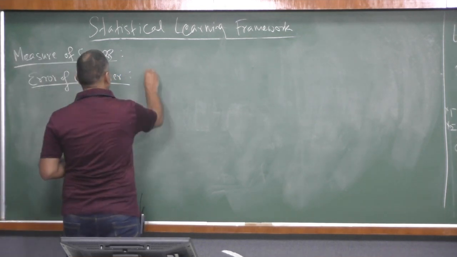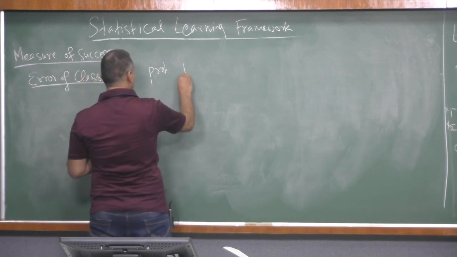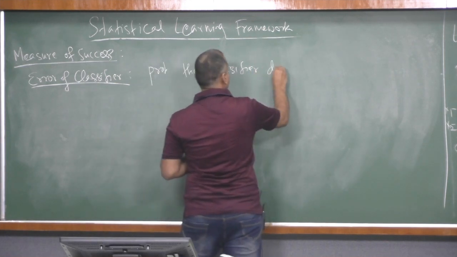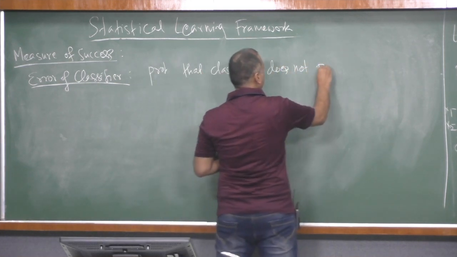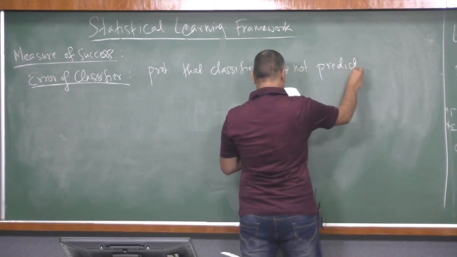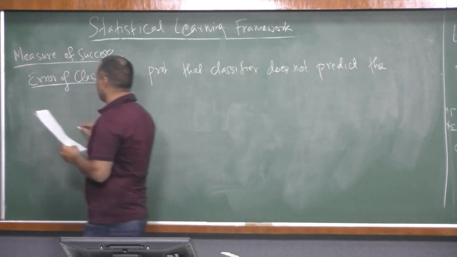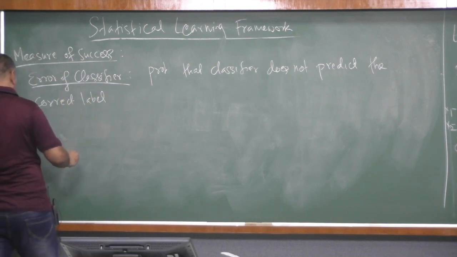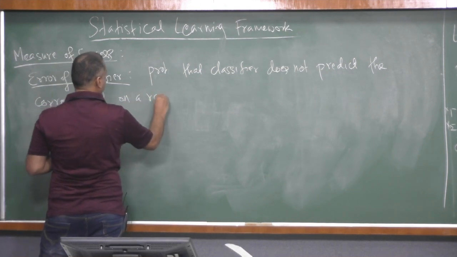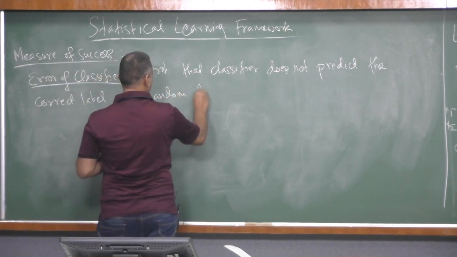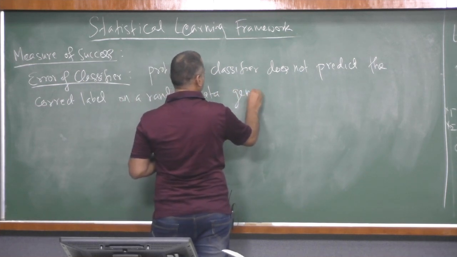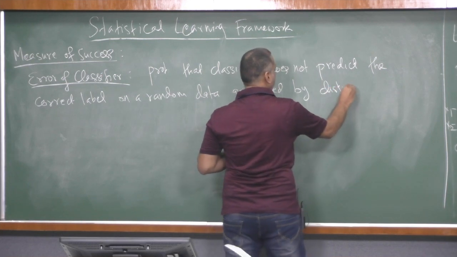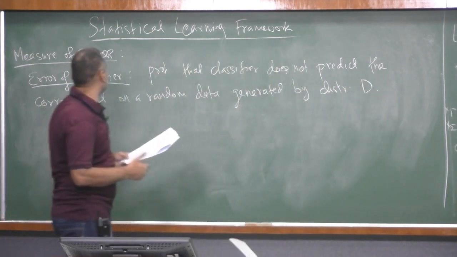It is the probability that the classifier does not predict the correct label on a random data point generated by distribution D. So that's how we define the error of a classifier.